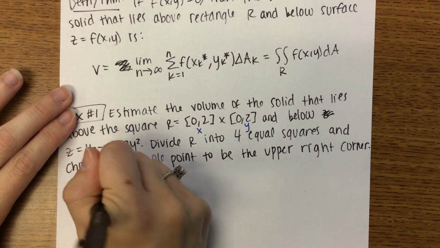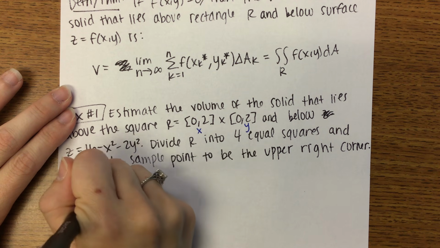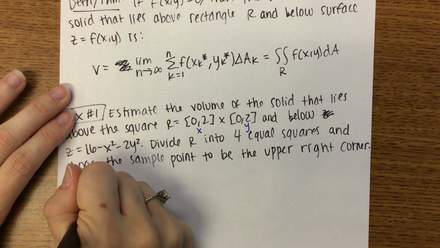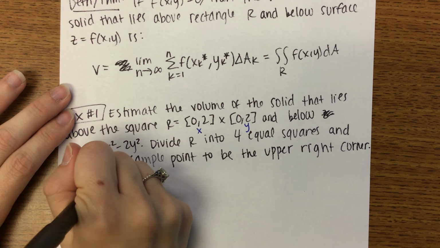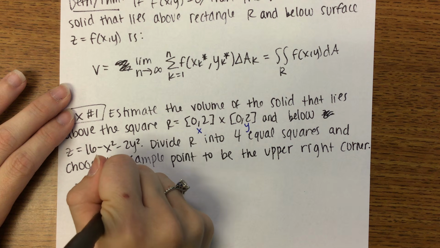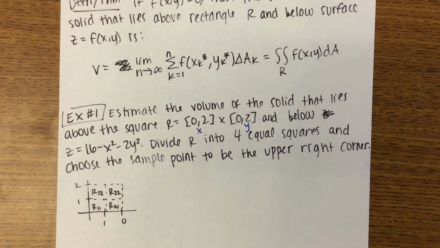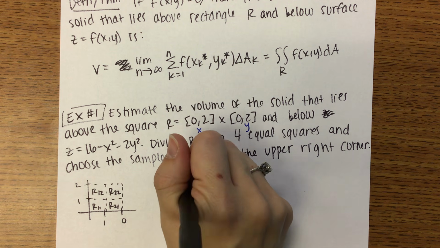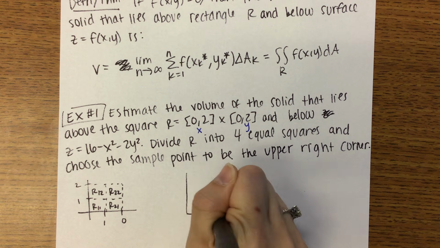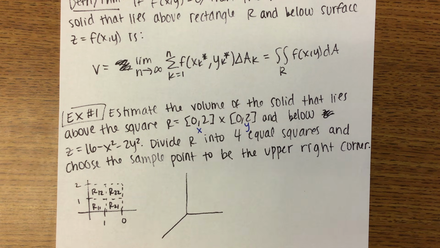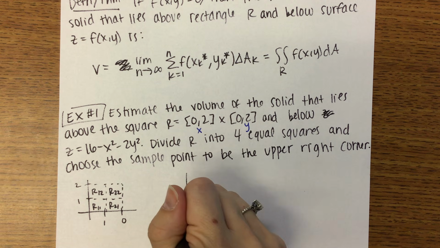We're going to divide it up into 4 equal squares. So this square is r of 1, 1. This one is r of 1, 2. This is r of 2, 1. And this is r of 2, 2. Okay, now the volume that we're actually finding, this is our R.